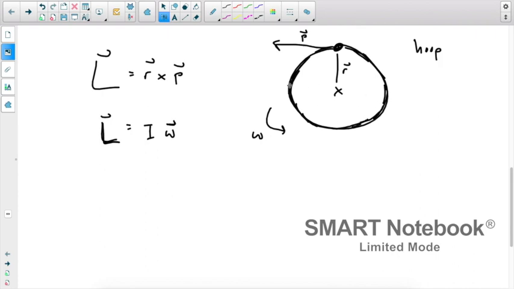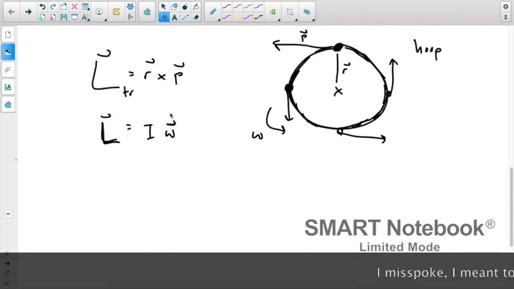So I can treat it like this collection of infinite point particles, right? And they all are going to have these instantaneous tangential velocities and therefore instantaneous tangential momenta. And therefore, every single point particle will have its own translational angular momentum, won't it?